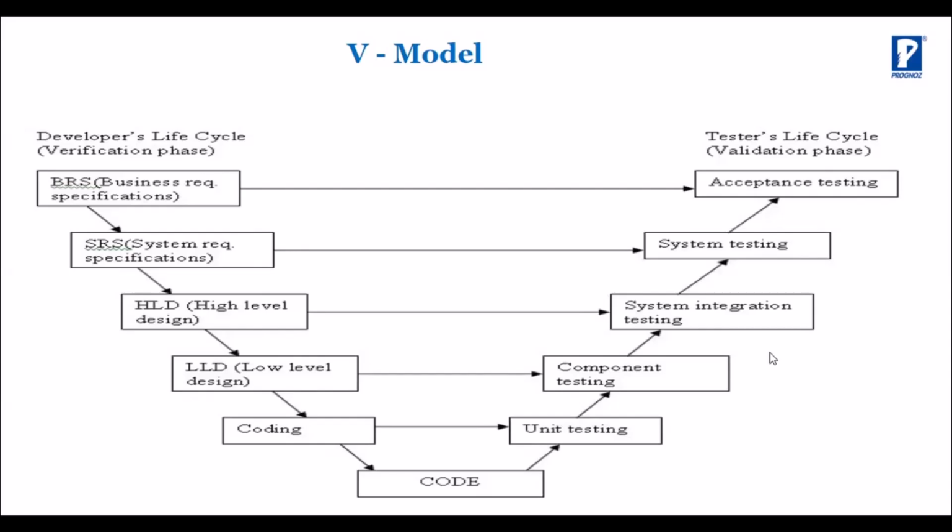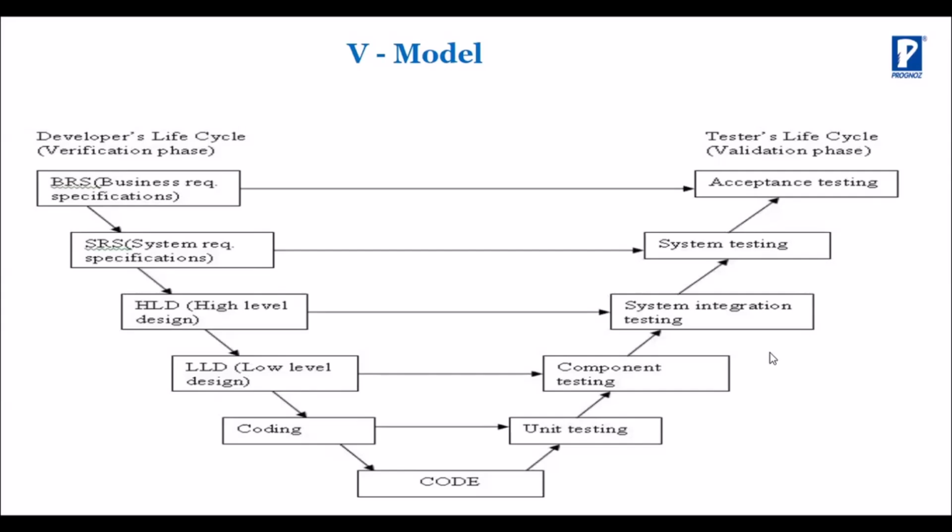Component testing depends on the low level design, because in low level design we decide the components and modules, which module we will build and how we will proceed. The approach of integration is also decided there, and based on that components are designed.